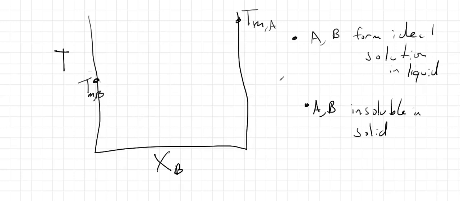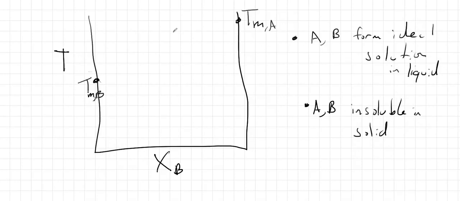What happens, well, if we look at this, we'll say, wait a minute, this looks just like our colligative property thing. We said, what happens if we have something that forms an ideal solution in liquid and isn't soluble in the solid phase? That is going to be a freezing point depression problem.